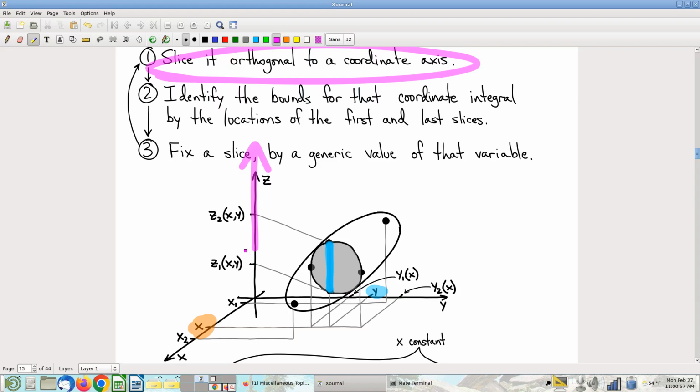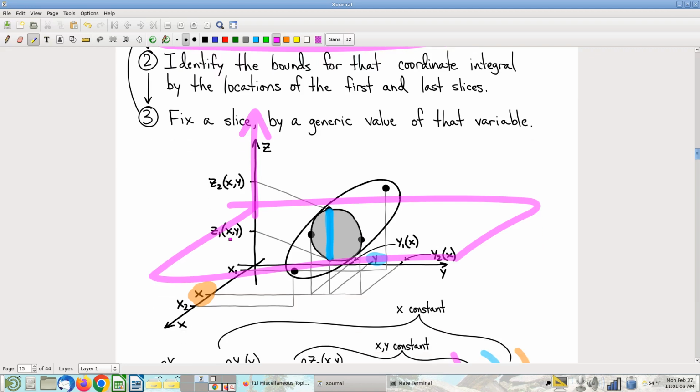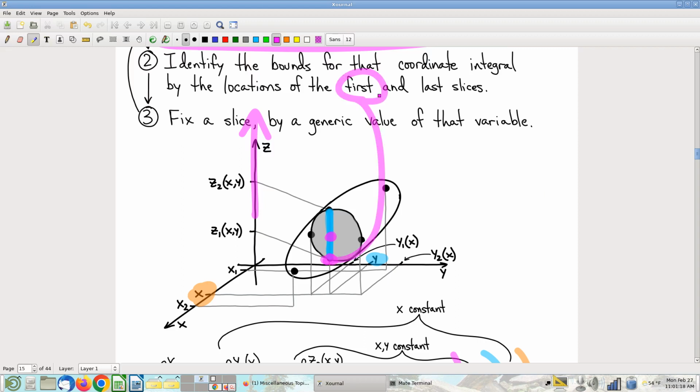Slices orthogonal to the z-axis look like this. Again, a geometric appeal: if I take this blue vertical line segment and slice it horizontally, I just get points, like that. And where's the first, where's the last? Well, the first one is clearly there. The last one is clearly there. And those will be my inside bounds.